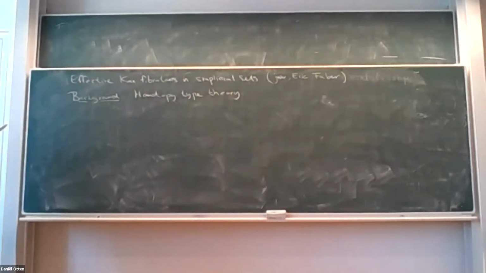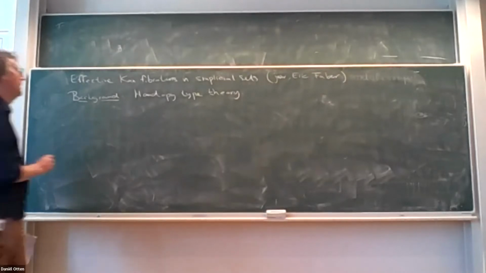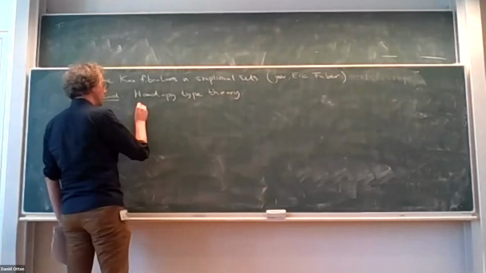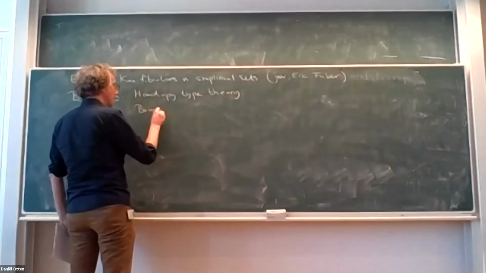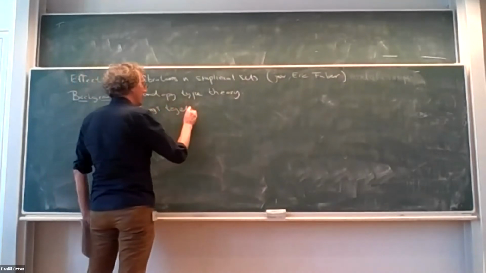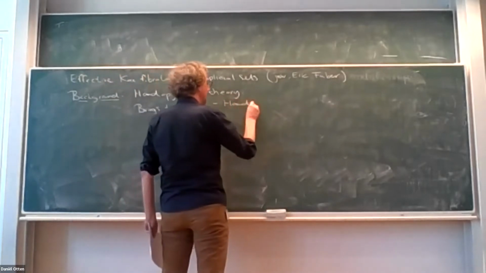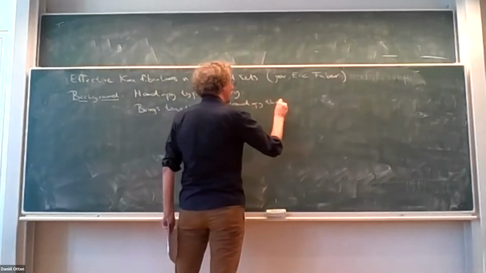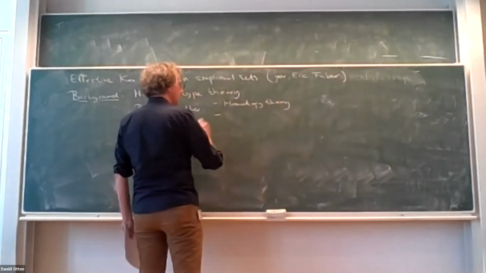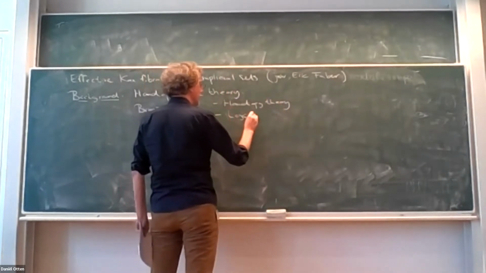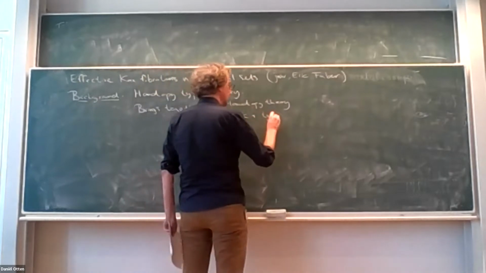So the idea of homotopy type theory is in a way that it should bring together two things: on one hand things from homotopy theory, and on the other hand logic and type theory.